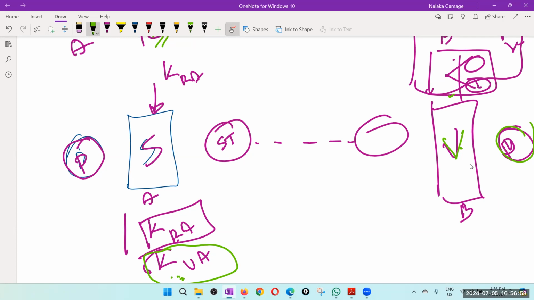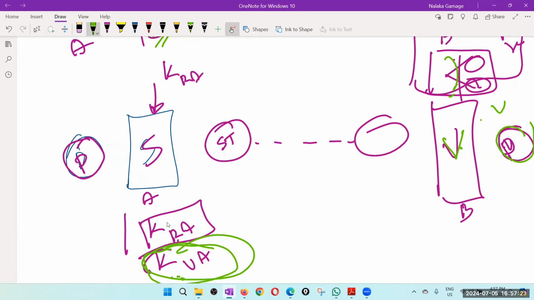Okay. So therefore, the receiver can check whether it is actually coming from A or not by getting A's public key and using the verification algorithm. And if the verification algorithm says yes, verified, then that is genuinely coming from A, not from anyone else. If anyone else sends it, of course, that person can sign it.